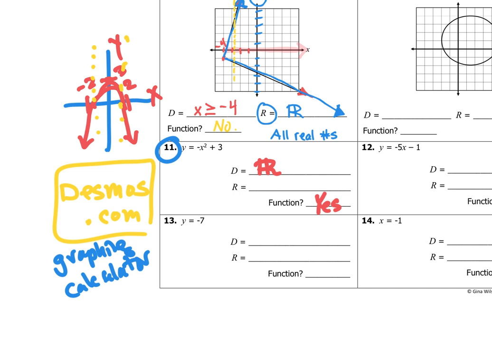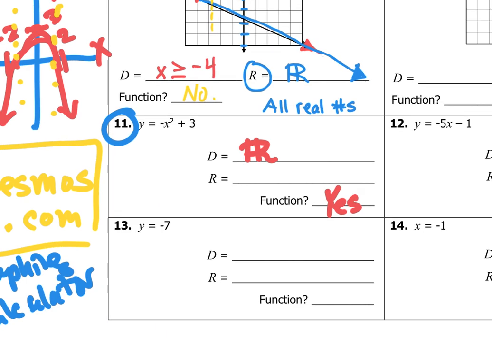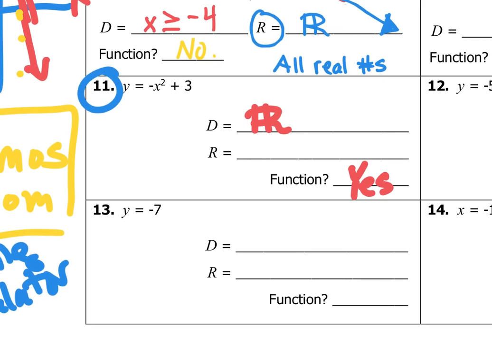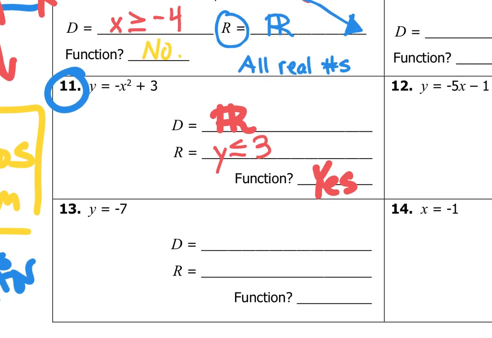Okay, but our y can never be higher than 3. But our y value will continue in the other direction. So that's going to leave us with an inequality again. So for our range, y is less than or equal to 3.